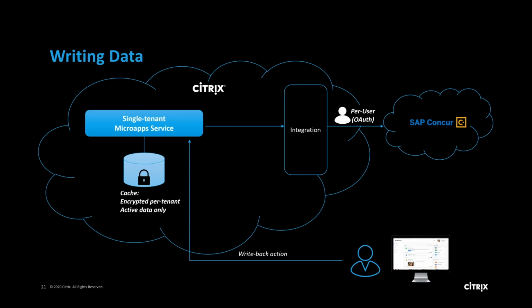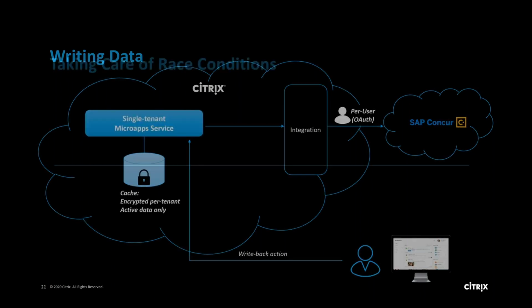And so authorization is really important here, where we allow the user to tell SAP Concur in this case that the Microapp service, or the integration within there, is allowed to do those write backs in the context of the user. And of course, the reason that's important is because we want to have records written back to Concur as David, not as Citrix Microapps service. Don't know who that was for auditing purposes.